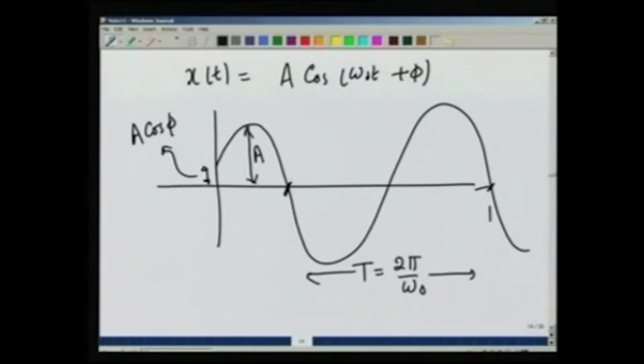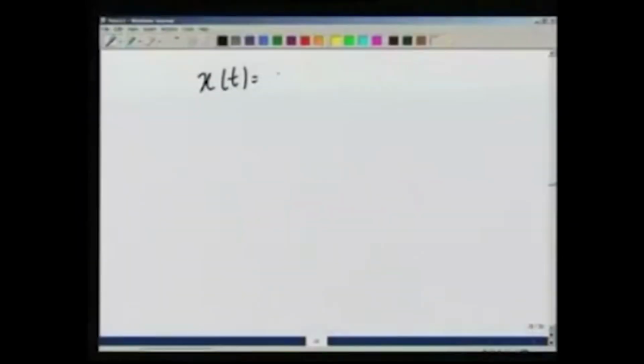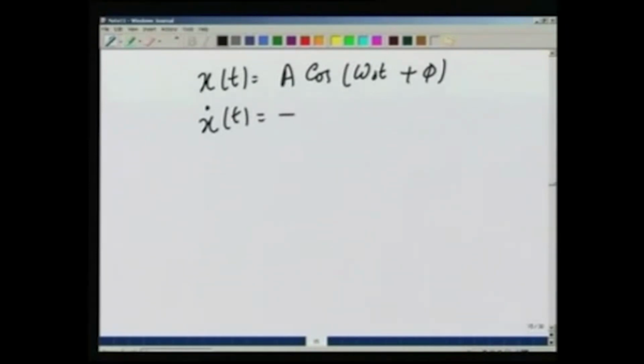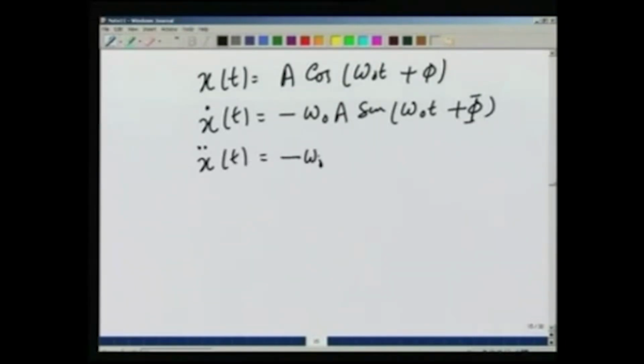How about the velocity of the particle? That's very simple. Since I am given x(t) is equal to A cosine of omega 0 t plus phi, the velocity x dot t is going to be minus omega 0 A sine of omega 0 t plus phi. How about the acceleration? x double dot t is going to be minus omega 0 square A cosine of omega 0 t plus phi.